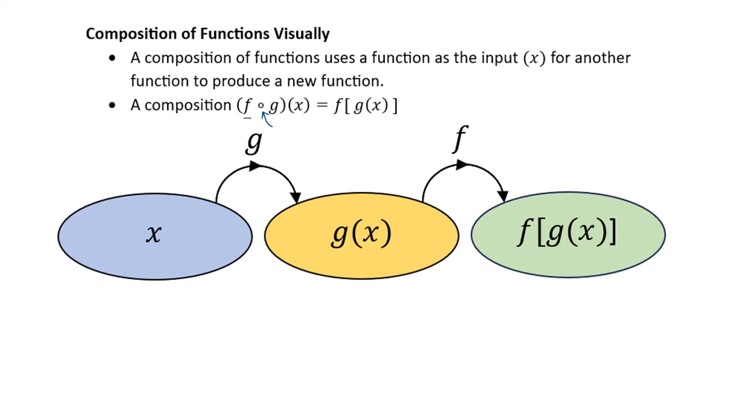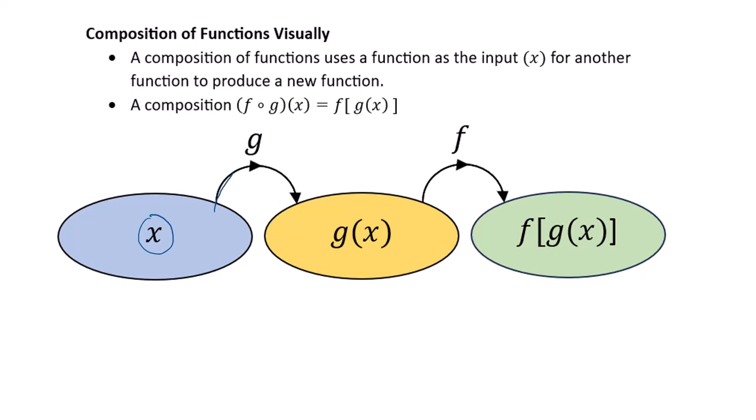F composed of g of x means f is made up of an ingredient of g of x. So we see here that the inside ingredient for the f function is g of x. The chain of events that happens is that we have some input.